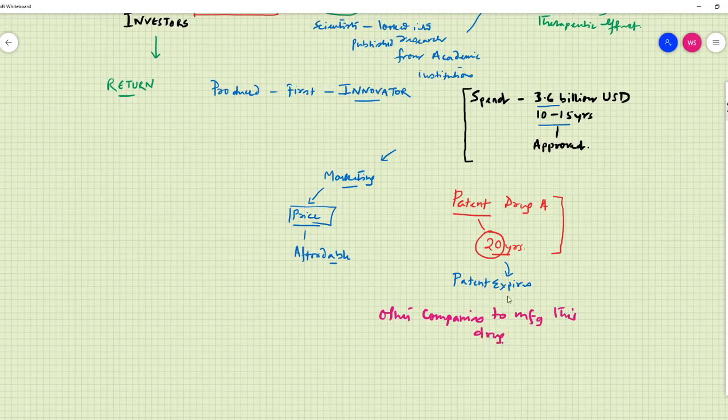Okay, so after the expiry of the patent, if other companies manufacture this drug, it is no more the trade name drug, it is called generic.